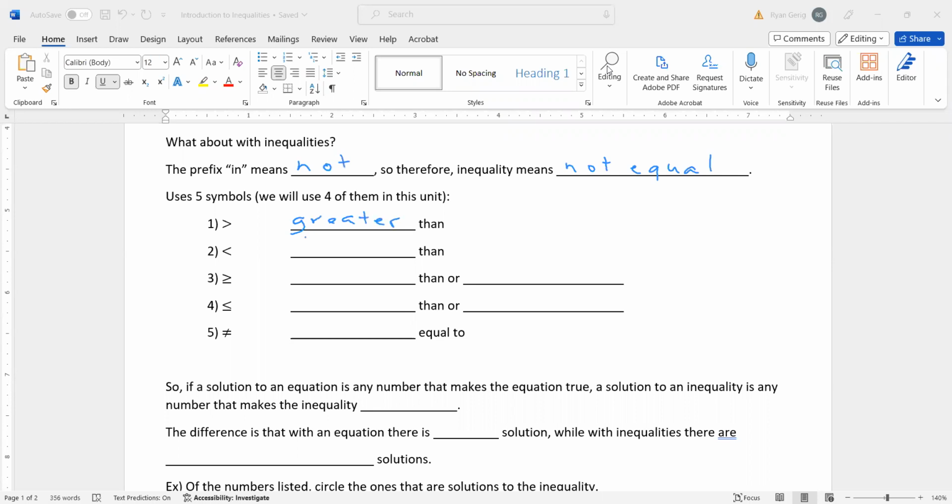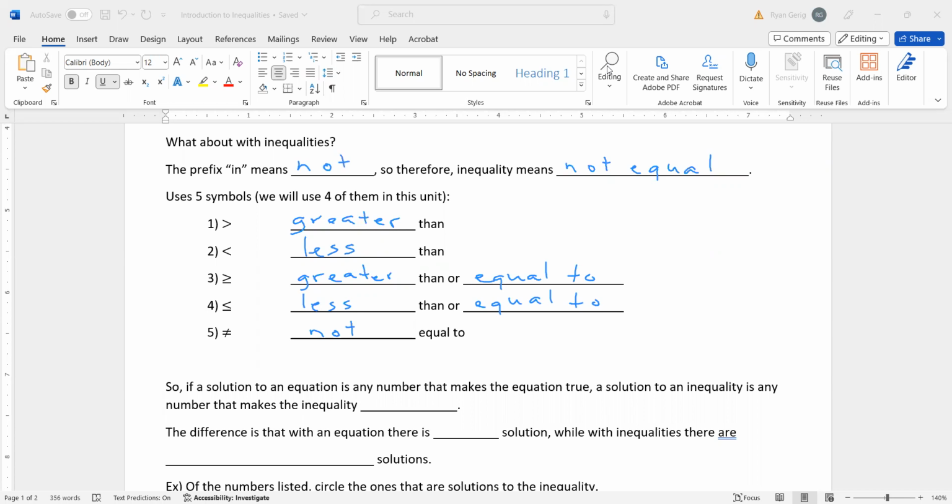The second one is less than. The next one is greater than or equal to, and it has that little line under it. And you can probably guess what the fourth one is, less than or equal to. And the last one, which we won't use much of, is not equal to. A little equal sign with the line through it means not equal to.